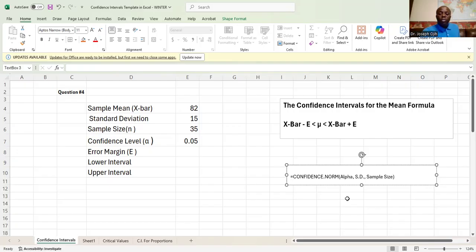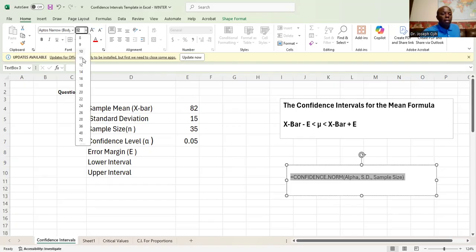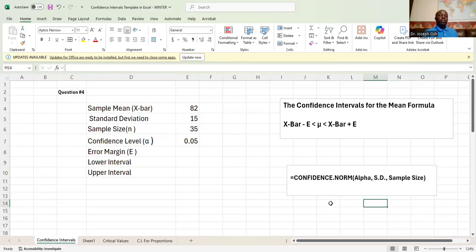Let me make it a little bit bigger, 14 and bold, so you can see it properly.